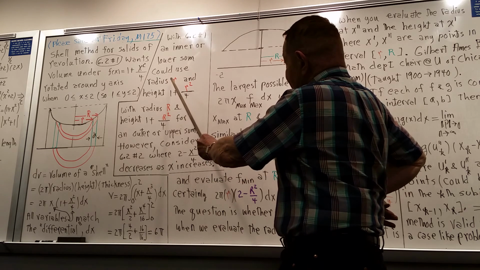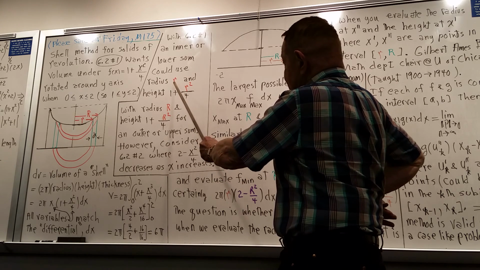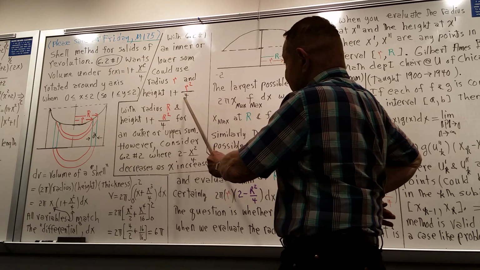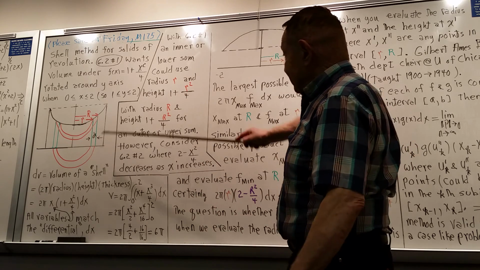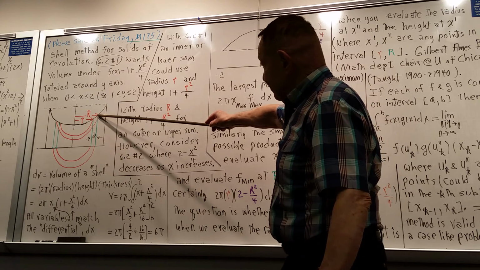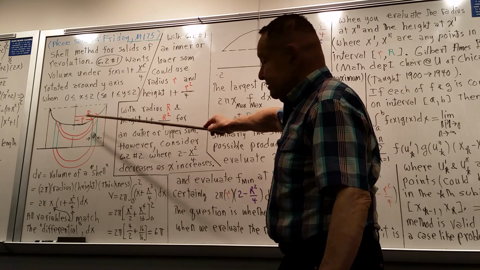So we could have 2 pi times this radius times this height, and that would certainly be a minimum in this picture. You can see the curve is increasing.